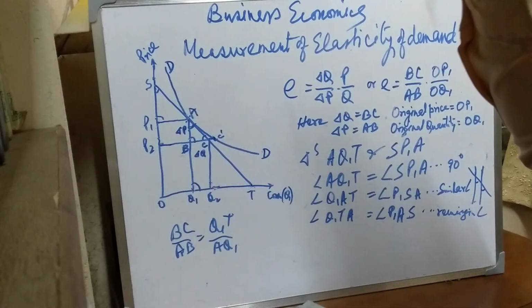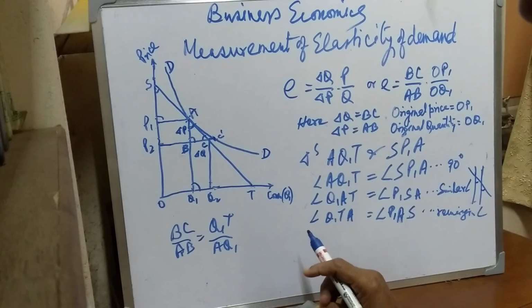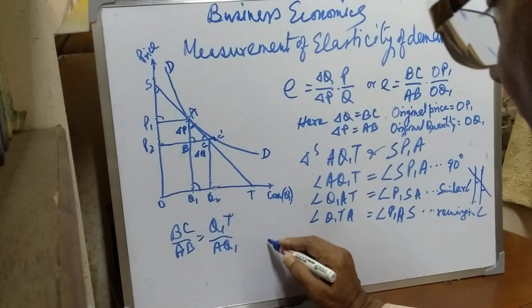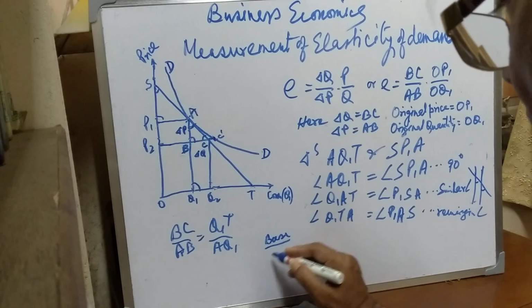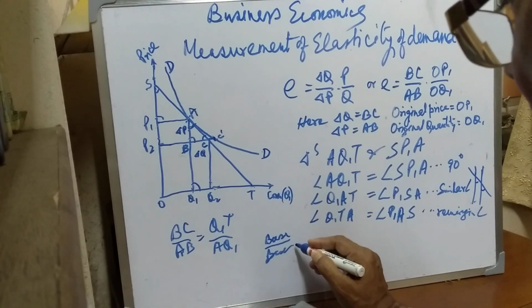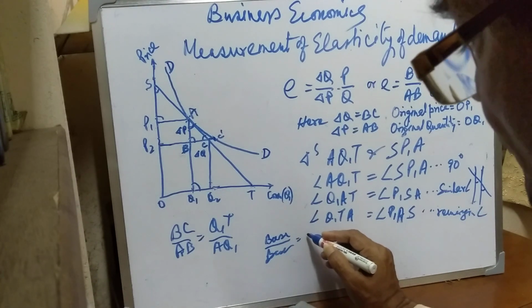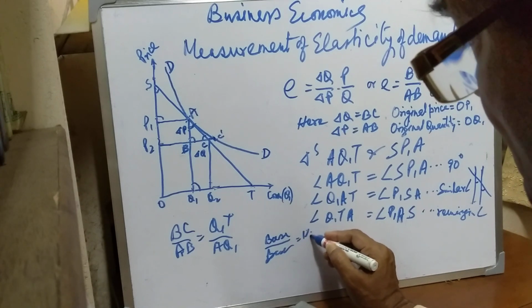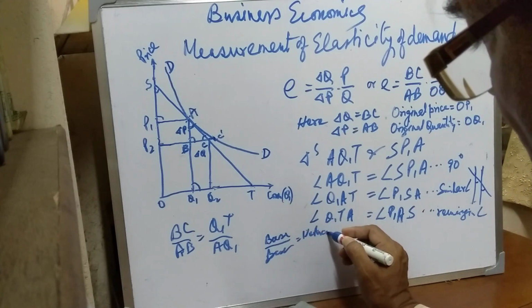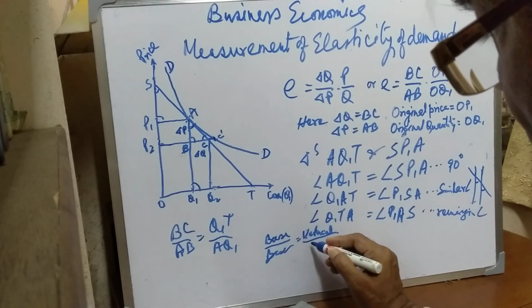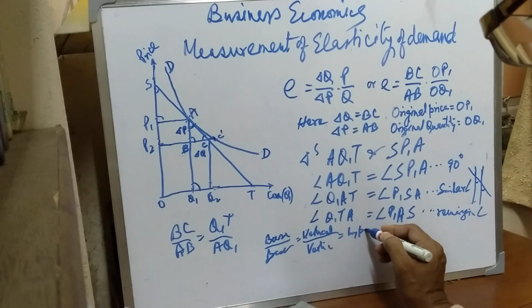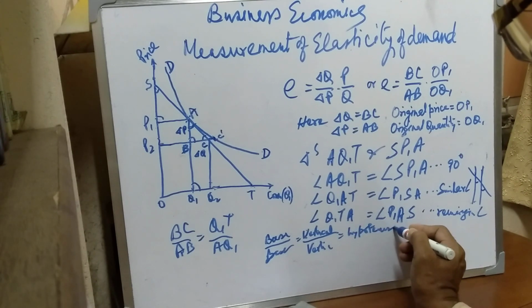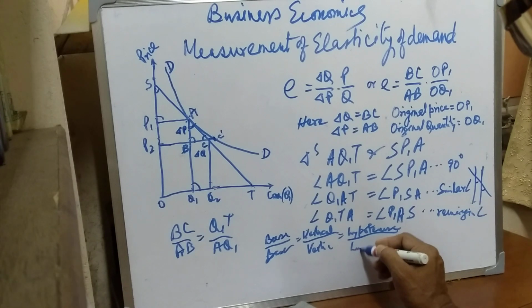As both triangles are equiangular, we can easily conclude that the base of one by the base of another equals the vertical of one by the vertical of the other, equals the hypotenuse of one by the hypotenuse of the other.